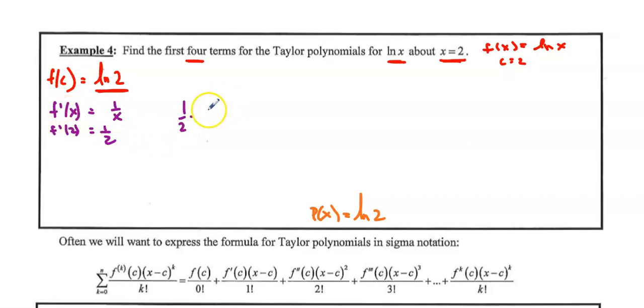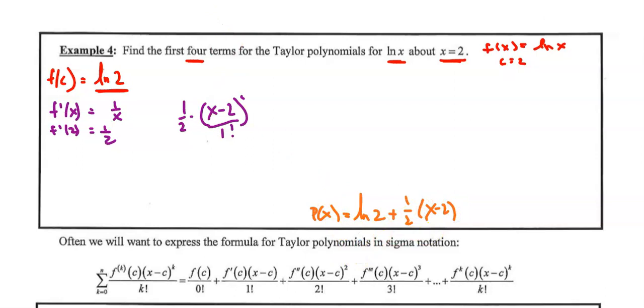So it's going to be x minus 2 to the first all over the first factorial. Then down here, we're going to simplify it a little bit more, and we're going to be left with plus 1/2 times x minus 2. All right, so there's our second term.